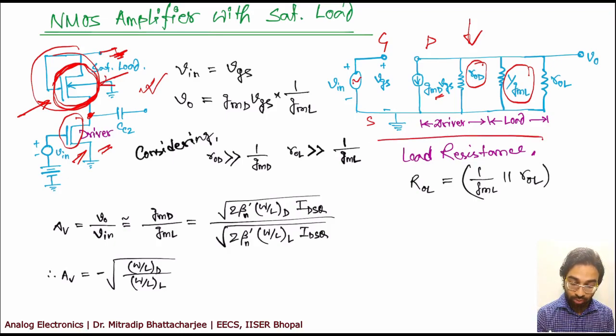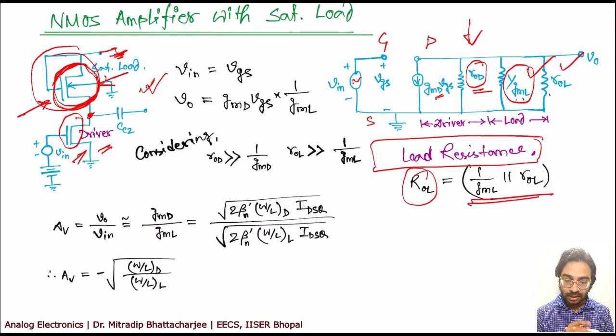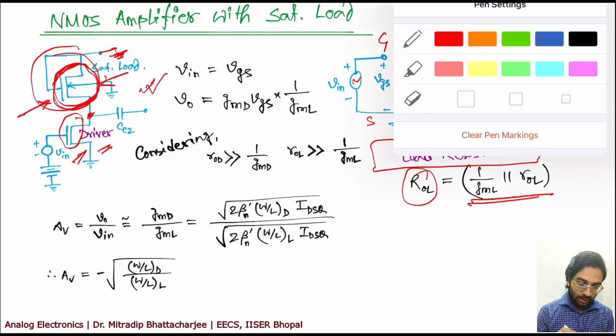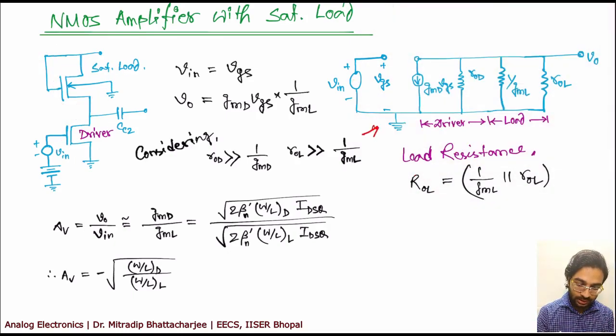Now if somebody asks what is the load resistance corresponding to this NMOS, it is these two parameters, 1 by GML and ROL. So this load resistance you can calculate by considering these two in parallel. Now if you consider this circuit, then your Vin will be VGS, which is very evident from the circuit.